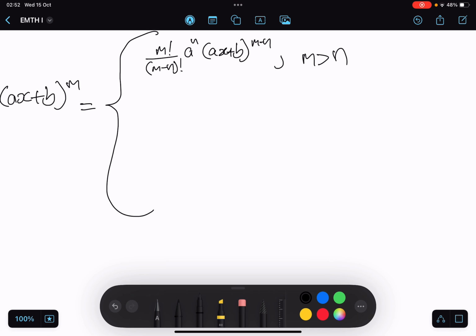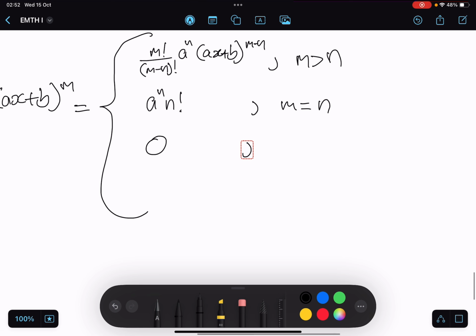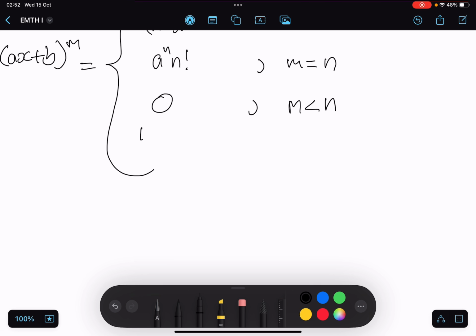And then also we are going to have a to the n times n factorial, and this is when m is equal to n, right? And then the nth derivative of this is 0 when m, which is the power, is less than n, and it's also (-1) to the power n, a to the n, n factorial over (ax plus b) to the power n plus 1 when m is equal to -1.